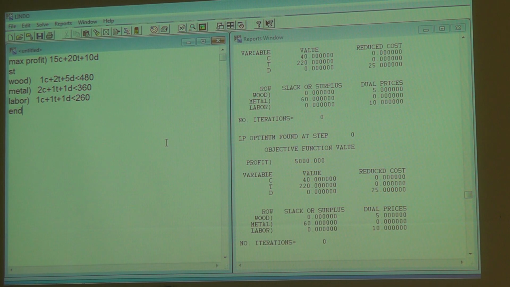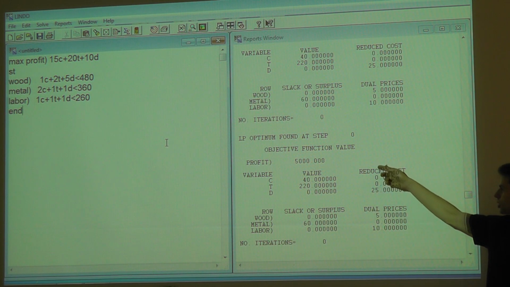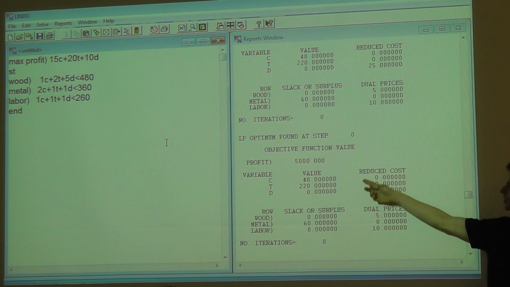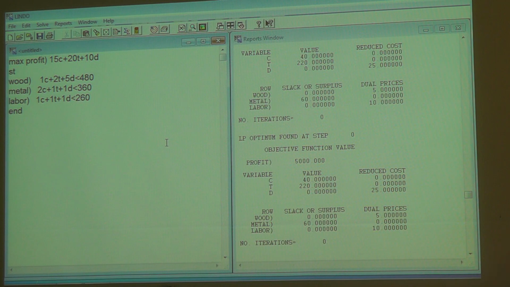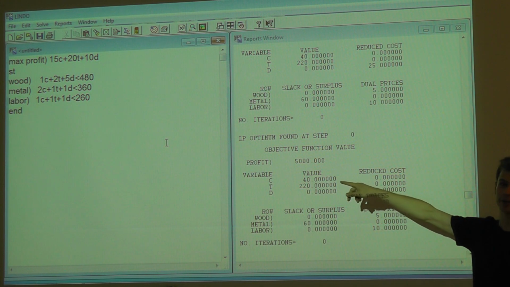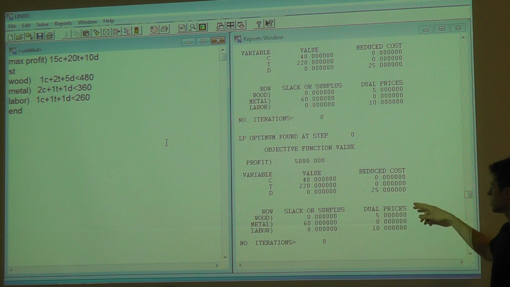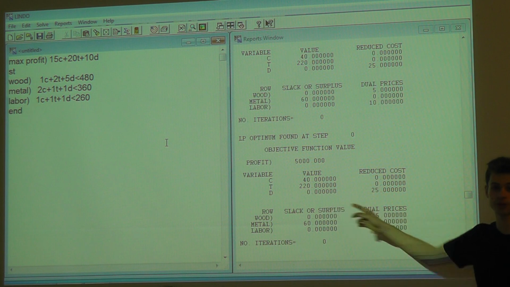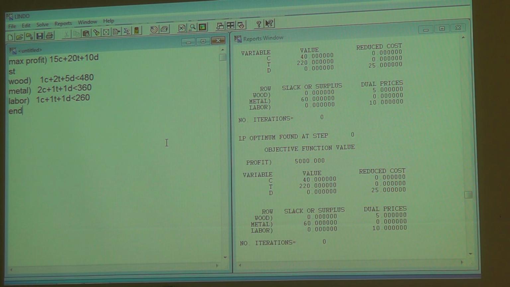What's good about this program is that it outputs more information than it's being asked for. It has an extra column for the dual problem. It actually solves the dual problem as well as the primal problem. And we have the reduced cost for the products, and it has the dual prices for the resources. So let's recall what this means.